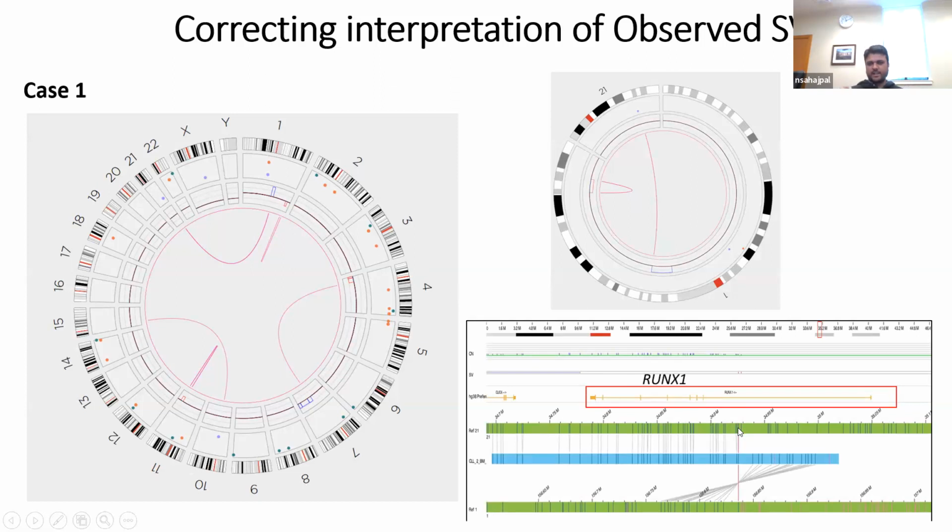So what's really happening is that there's a portion of chromosome 21 going to chromosome 1. And that's the reason that split the RUNX1 probe into 2, and we see 3 signals for the RUNX1 probe. So these subtle rearrangements can be missed, and the higher resolution can help us interpret these genomes better.